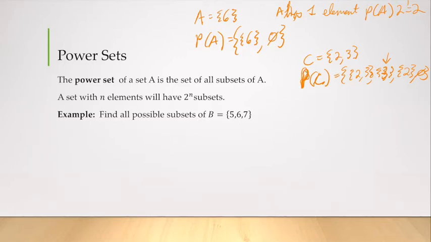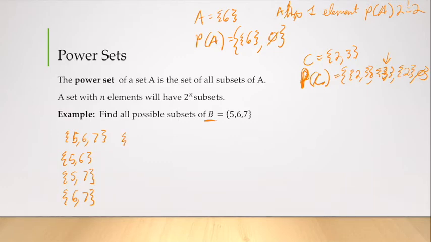So why don't we go ahead and do the example right here where B is {5, 6, 7}, and I want to find all possible subsets of B. So one of the possible subsets would be {5, 6, 7}. I could then take all subsets of size 2: {5, 6}, {5, 7}, {6, 7}. Remember, order doesn't matter in subsets.